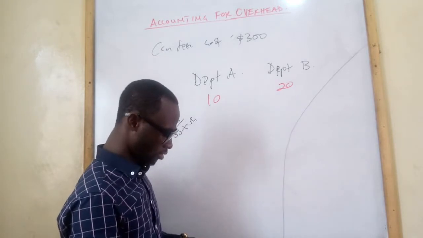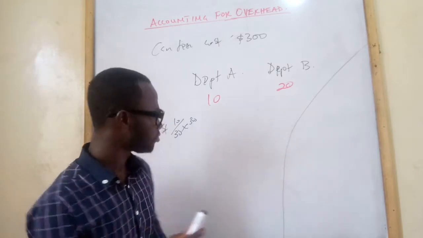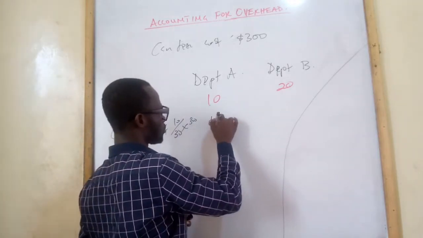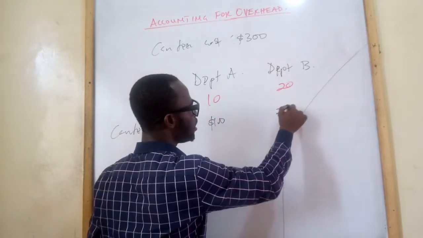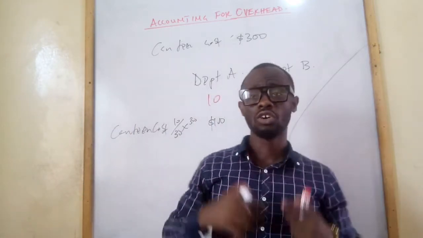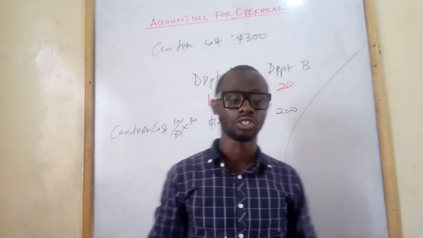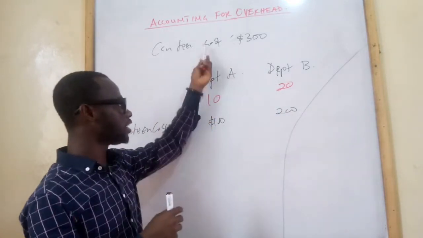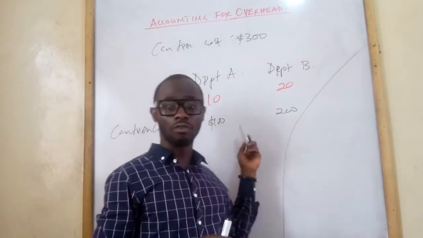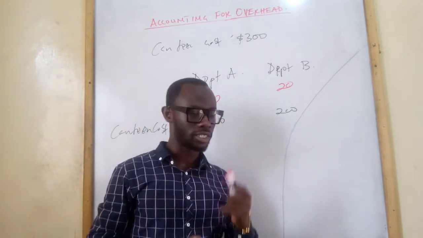So 1/3 of 300, I think that should be 100. And certainly Department B is going to take 200. So that is what we mean by apportionment of overhead. If it is a canteen cost, we are going to use the number of employees or the number of meals served at each department.